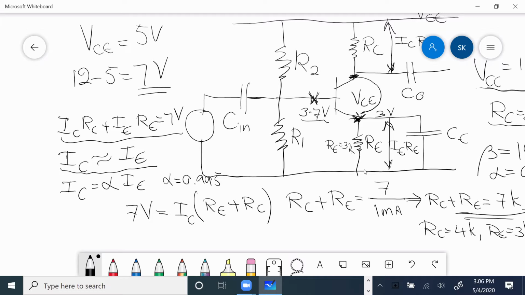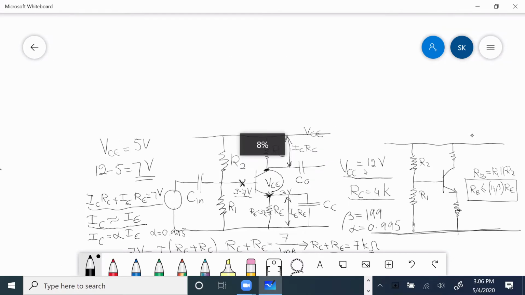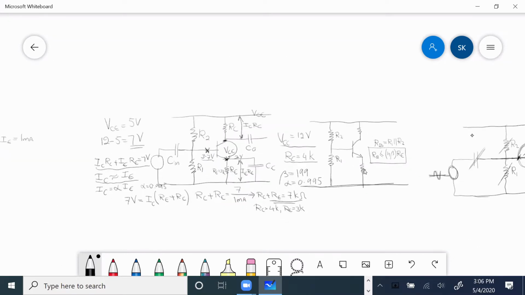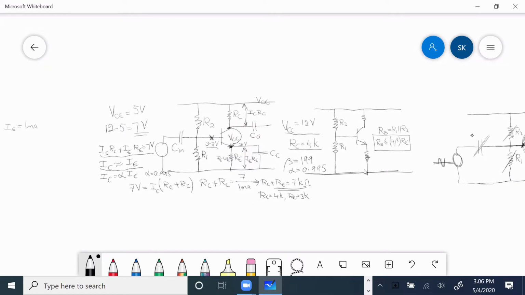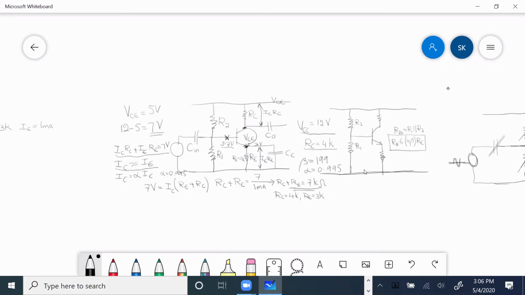And now I can write that relationship. It wouldn't matter that it was 3.6, right? Exactly, you're right. 3.6, 3.7 is fine.